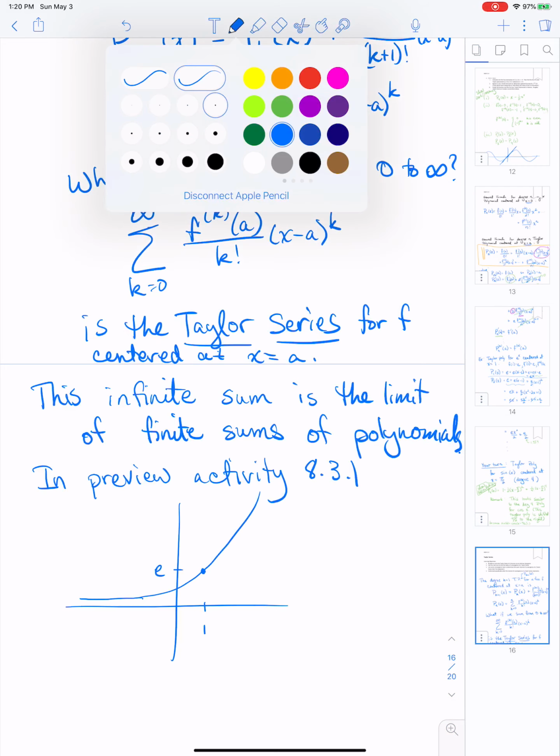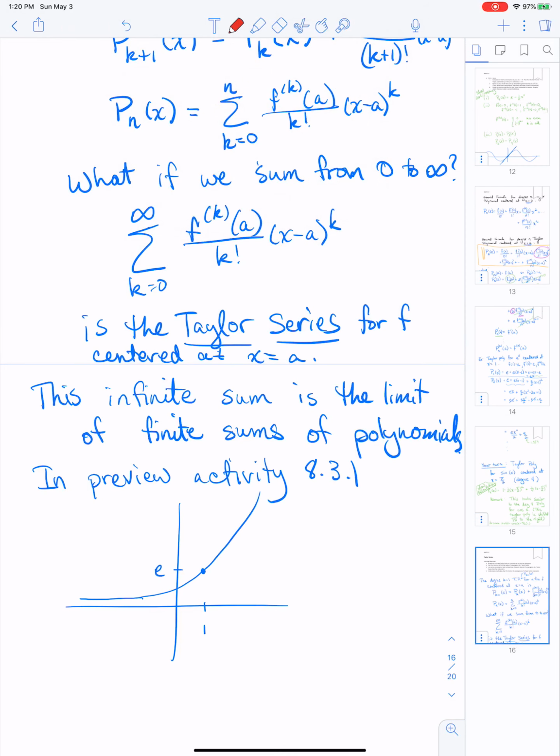So what you were doing in that preview activity is you were considering the set of points, and so here's P2 of x, and here's P1 of x.